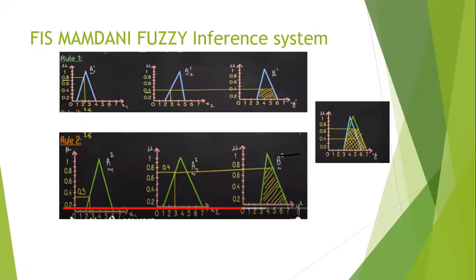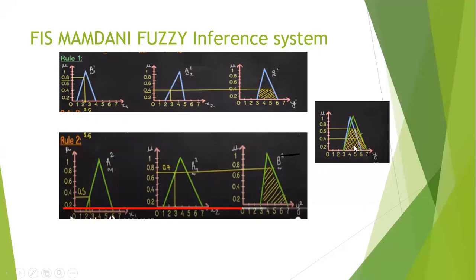After obtaining the shaded areas in B1 and B2, you need to go for the overlapped region, considering these two outputs B1 and B2. This is the resultant output for your fuzzy inference system, which needs to be defuzzified.